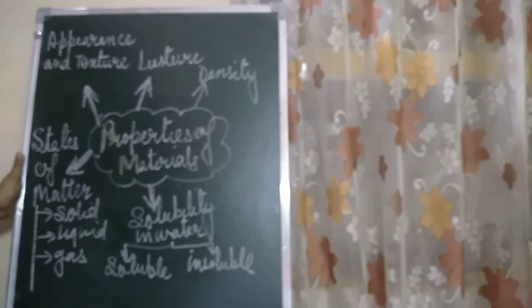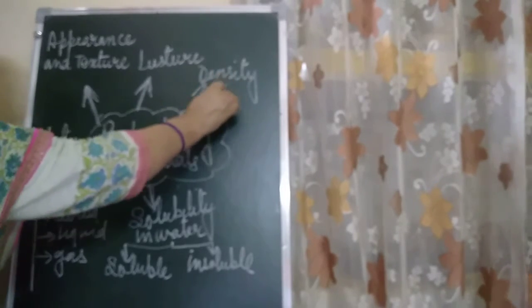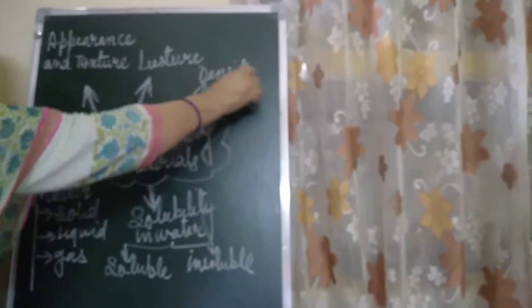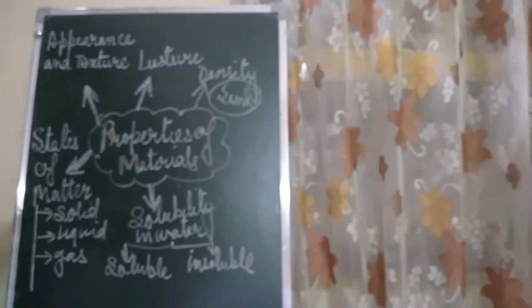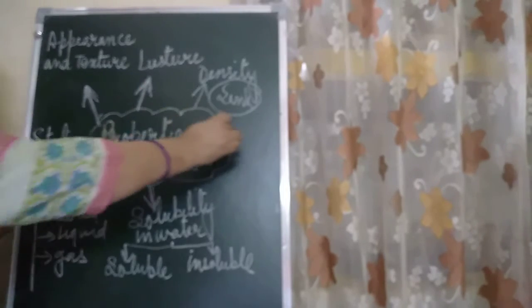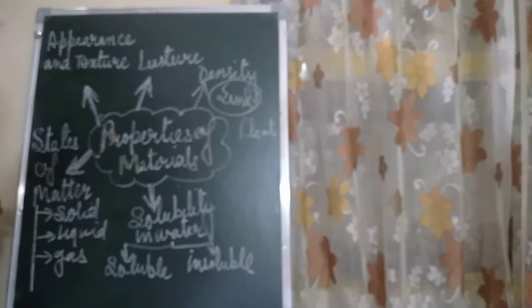Okay, now what happens? A substance like iron, which is denser than water, will sink in water. What will happen? That will sink, children. A substance which is denser than water will sink in water, and a substance like wood or cotton, which is less dense than water, will float.